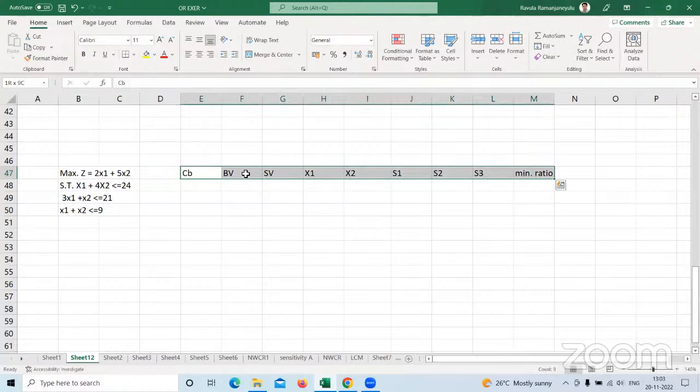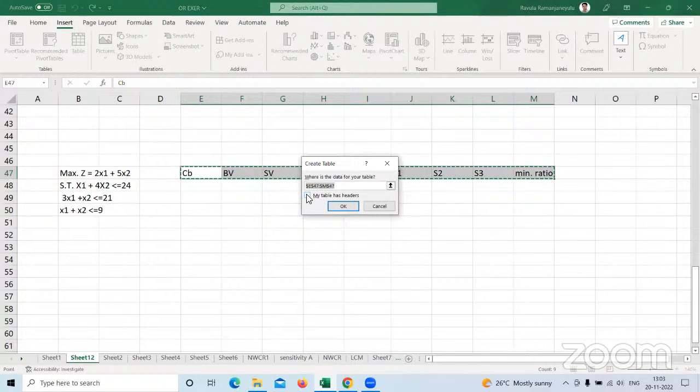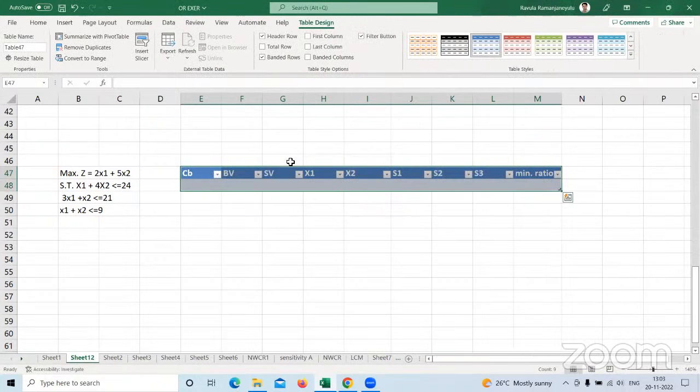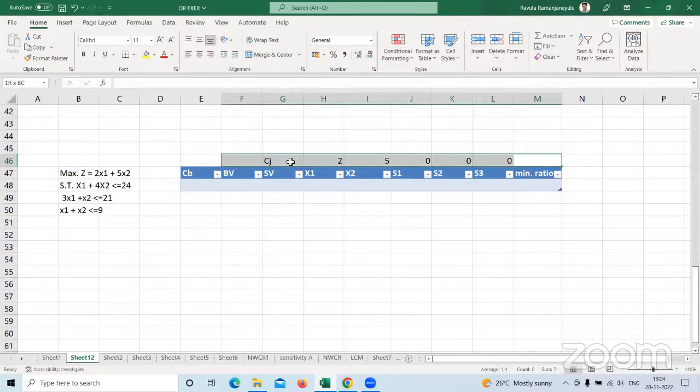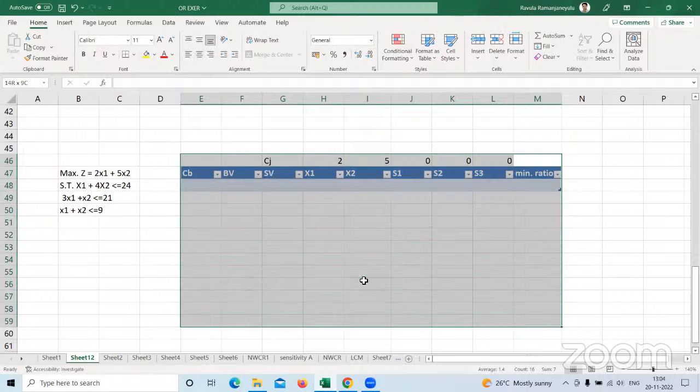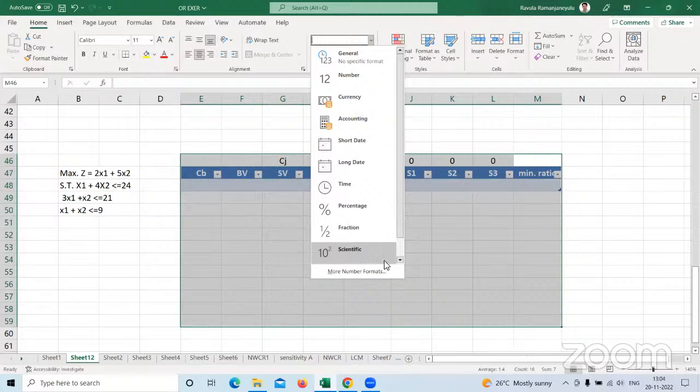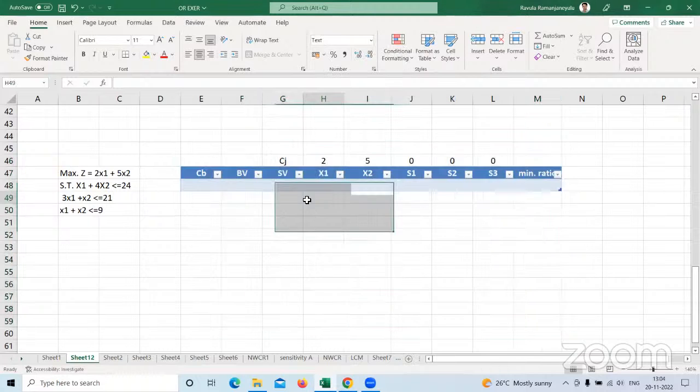The table may be big, but the point is the same. Coefficients of the objective function: 2, 5, 0, 0, 0. Simultaneously do it with me, no problem. Basic variables.